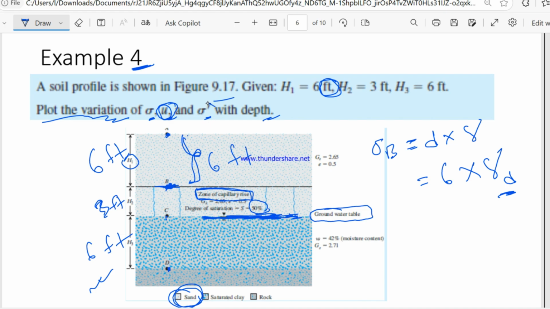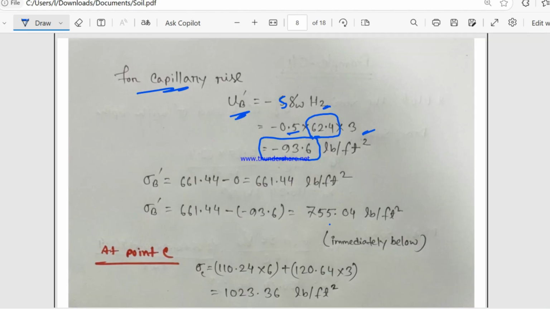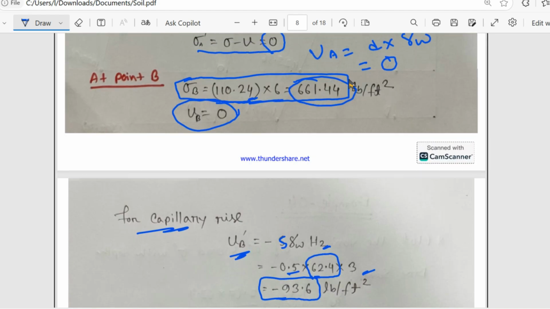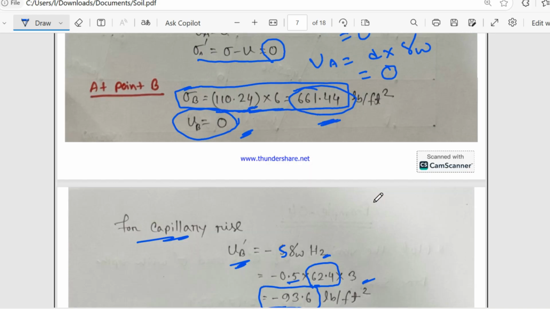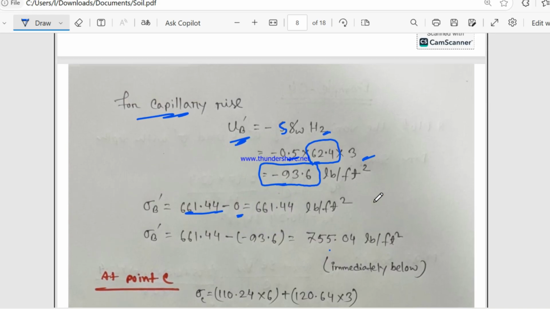Now calculate the effective stress. We know effective stress is total stress minus pore water pressure. Here total stress is 661.44 and pore water pressure is 0. So effective stress at point B will be 661.44 pound per feet square.